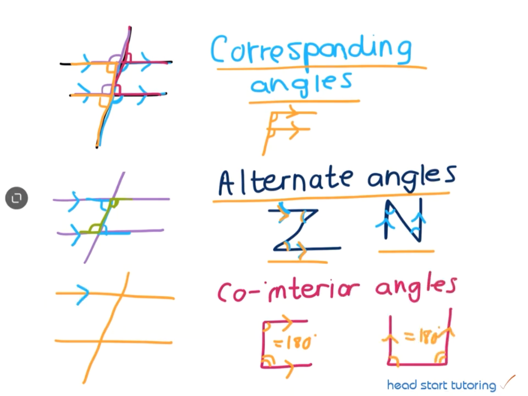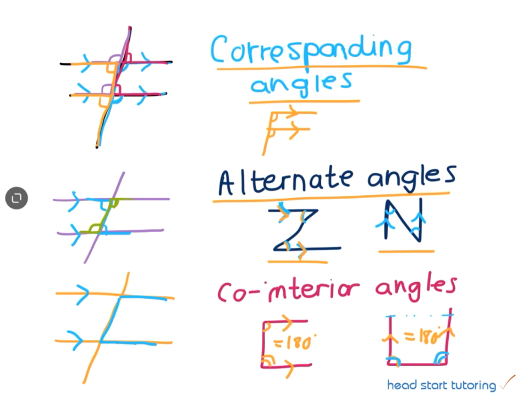So if these lines are parallel, then we need to look for our C shape or our U shape. These angles here will only be equal if they are both equal to 90 degrees. So that's in the case of having half a square or half a rectangle or something.